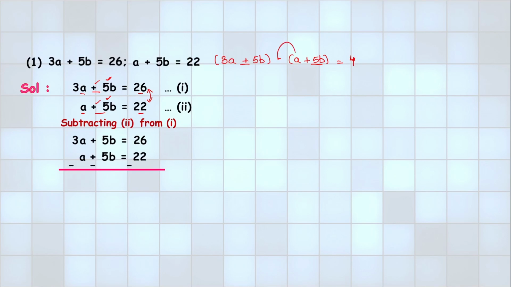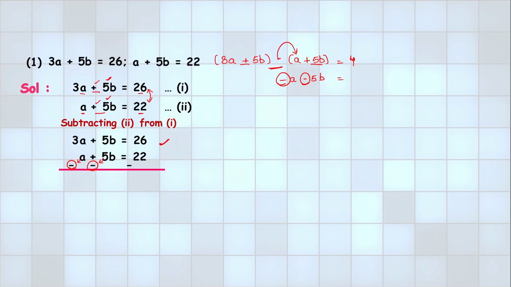Now this minus sign goes inside, so this becomes minus a, this becomes minus 5b. So actually you are doing it in this way, but we are writing it in this way. Okay, so don't be confused.